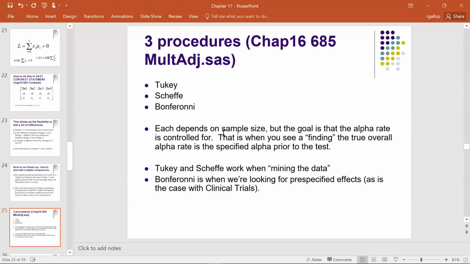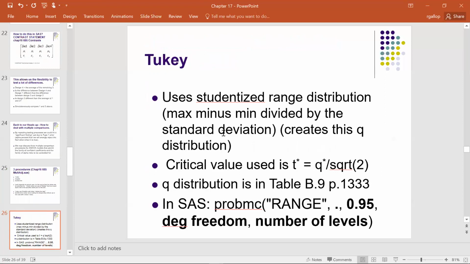Each of them depends on sample size, but the goal is that the alpha rate for all the multiple comparisons is set at the a priori alpha level. So if the alpha level is 0.05, they call that the family of contrasts. The Tukey and Scheffe work well when you're just exploring the data, or what we call data mining. The Bonferroni is the most strict, and it works when we're talking about a pre-specified effect.